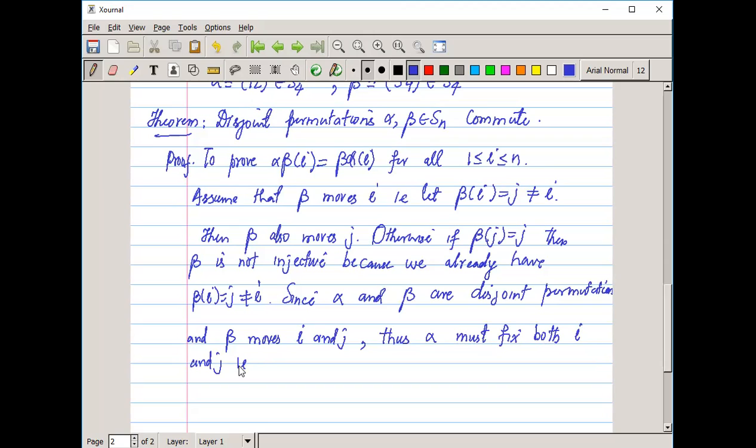That is, we have alpha of i is equal to i and alpha of j is equal to j.